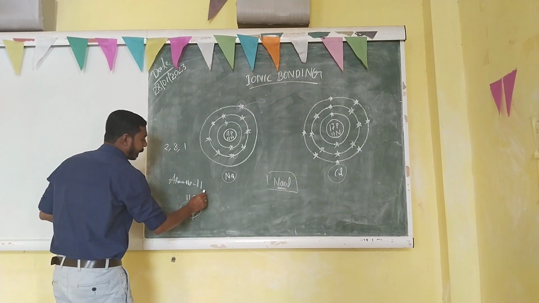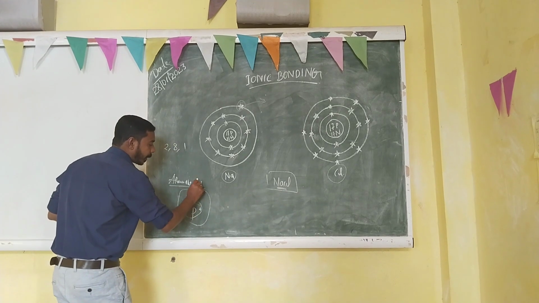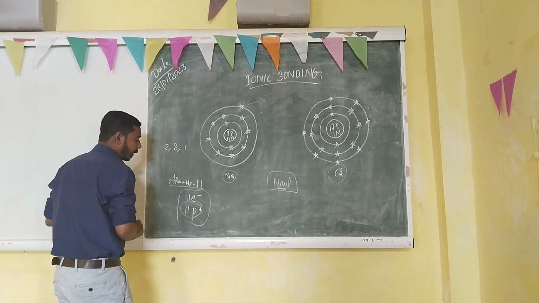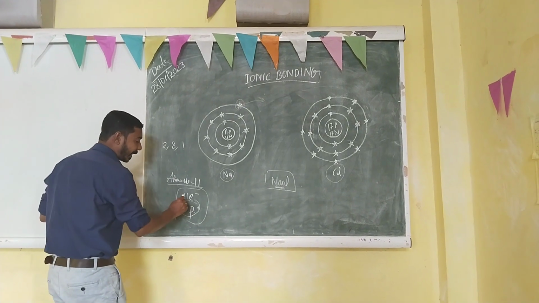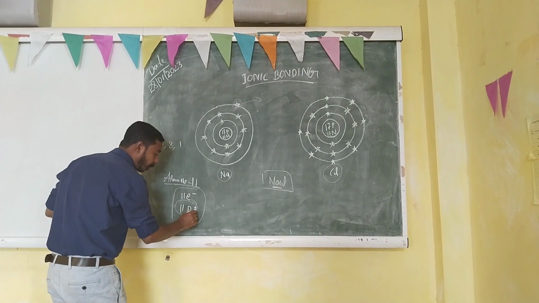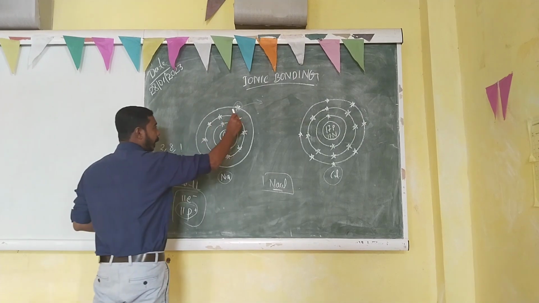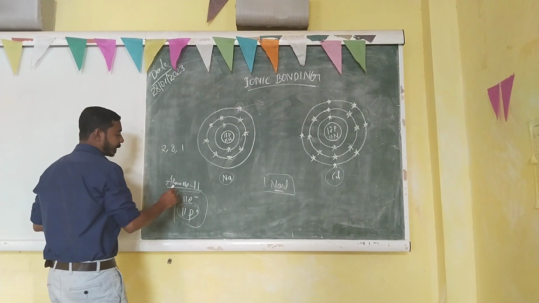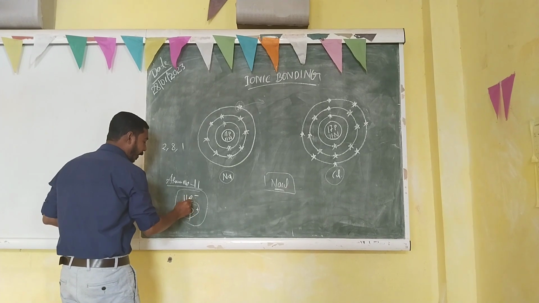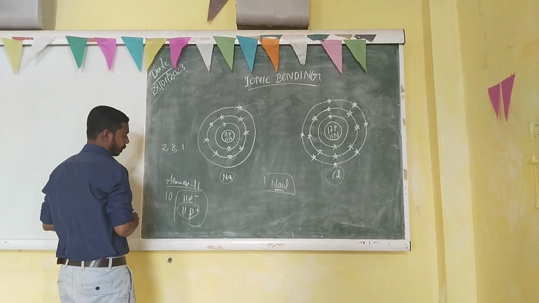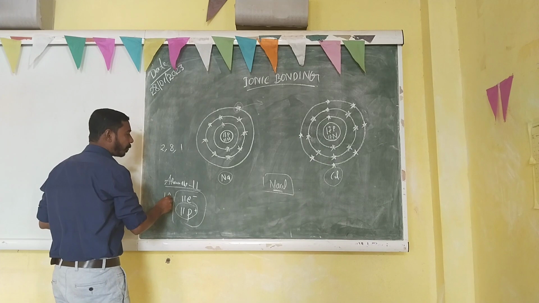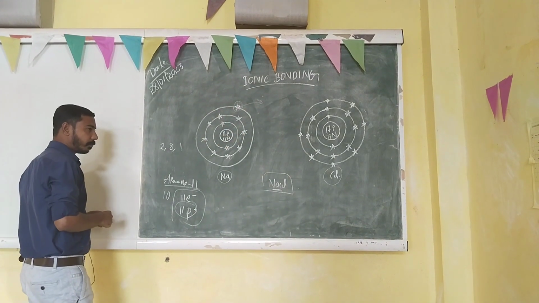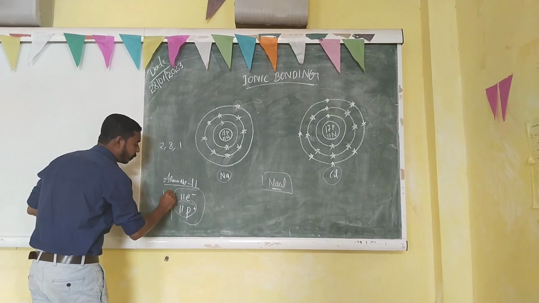We know that the atomic number of sodium is 11, which means sodium contains 11 electrons and 11 protons, that is 11 negative charges and 11 positive charges. If 1 electron is transferred, the number of electrons is reduced to 10.